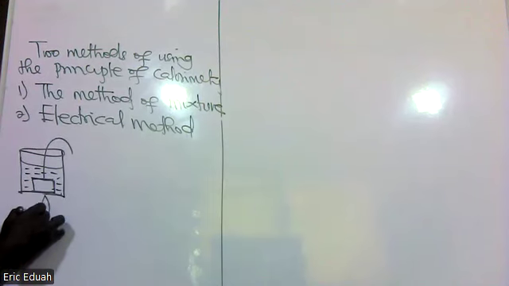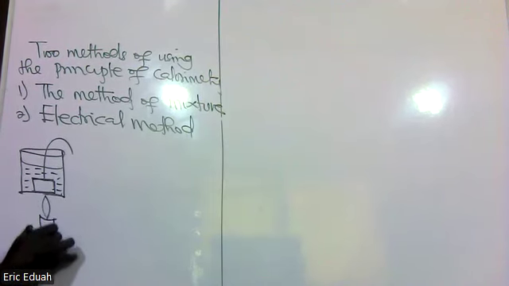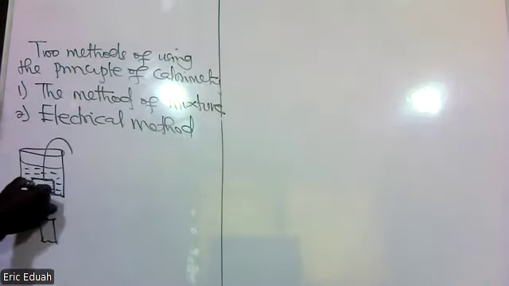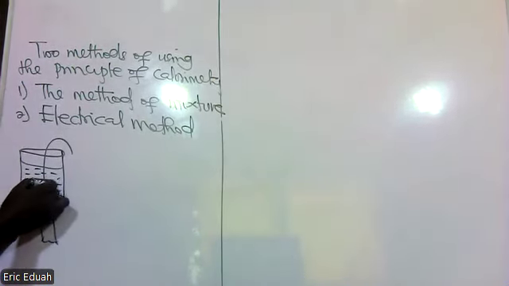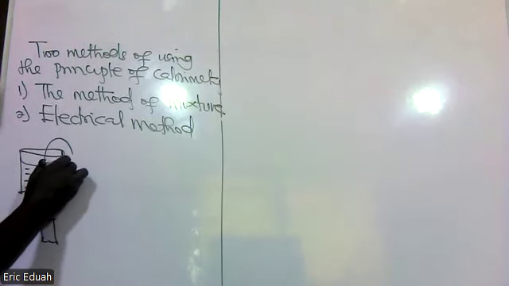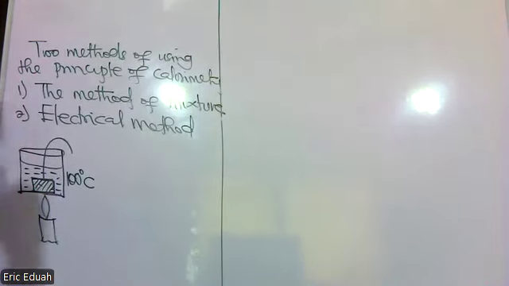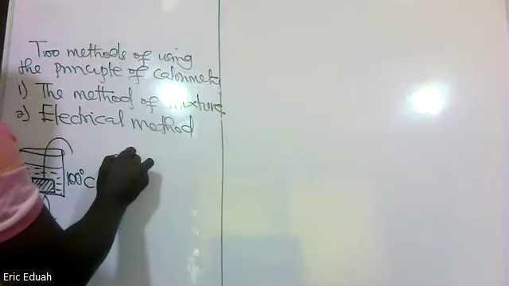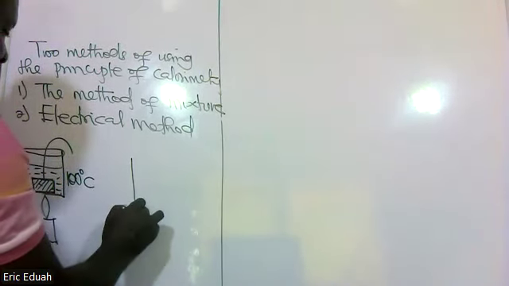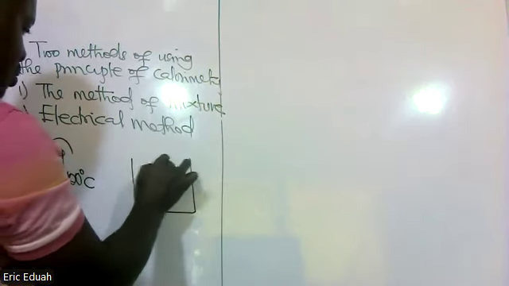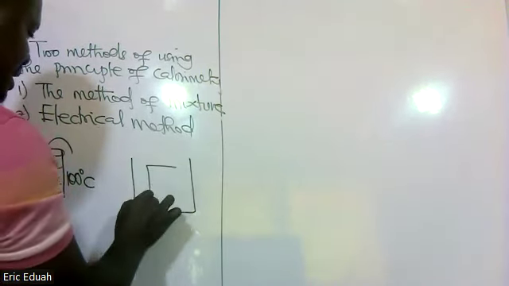We have a source of fire here. So a metal is heated to some temperature, let's say 100 degrees Celsius. And then we quickly transfer it into the calorimeter.